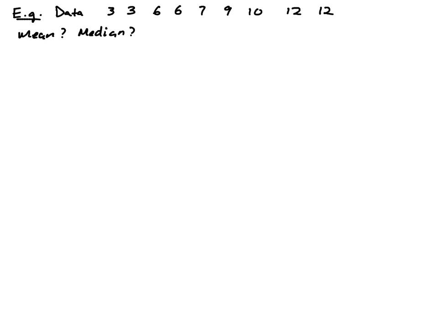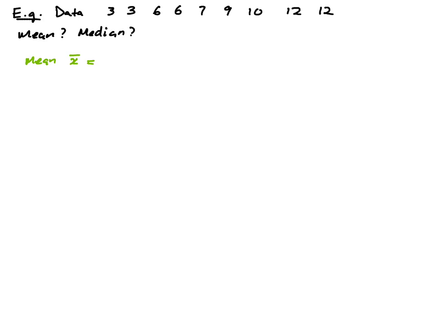Now, first off, you should note that the numbers have been arranged in ascending order, so that's good for us, right? That takes care of the first step in finding the median. Let's calculate the mean. So to find the mean, you want to add up all these numbers and then divide by the number of items, right?